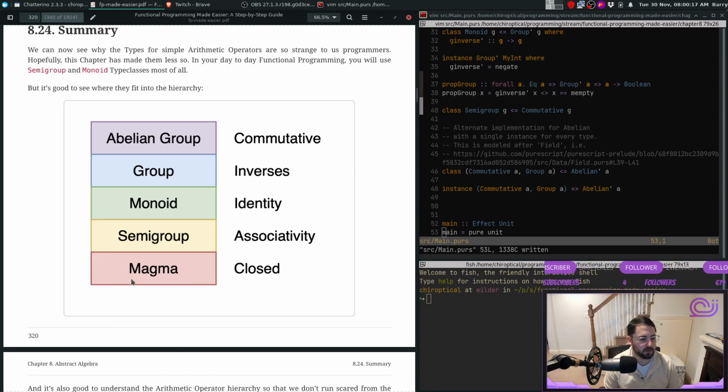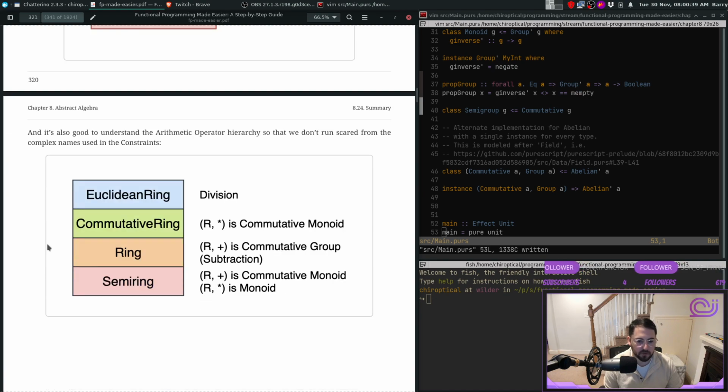It's a binary operator that's closed under a set. And then semigroup, monoid, group, abelian group. And then bottom to top you have division with remainder. This is important: not division as in rational numbers, but division with remainder.